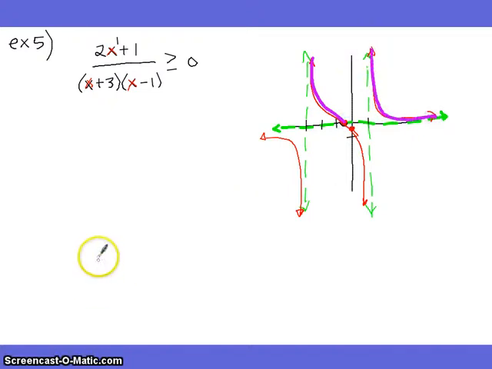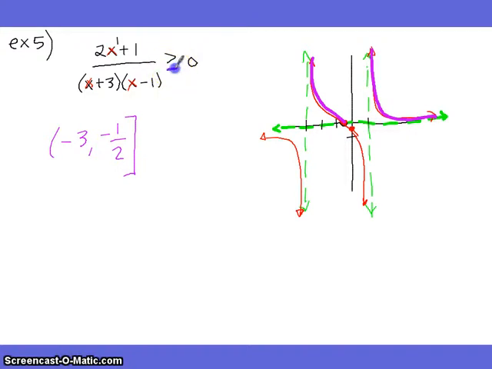Right here. So that solution consists of the x values from -3 to -1/2. Not including the -3 because that's a vertical asymptote, but including the -1/2 because that gives us a 0.